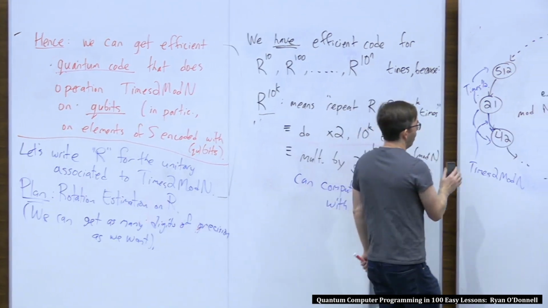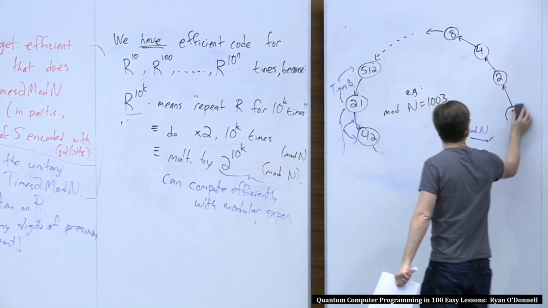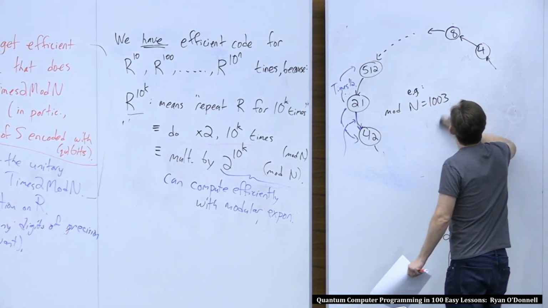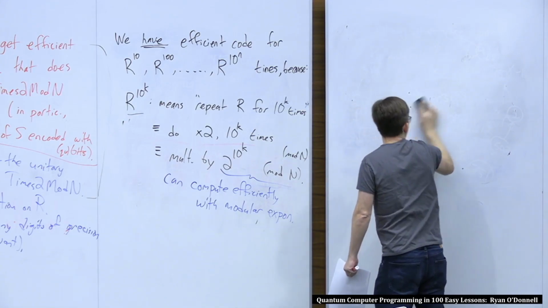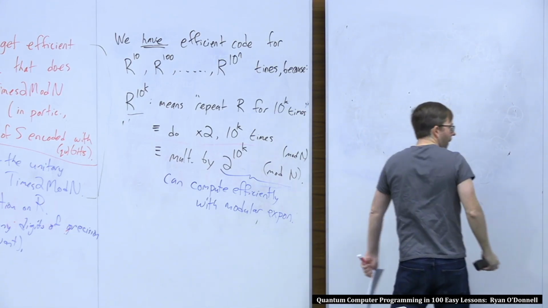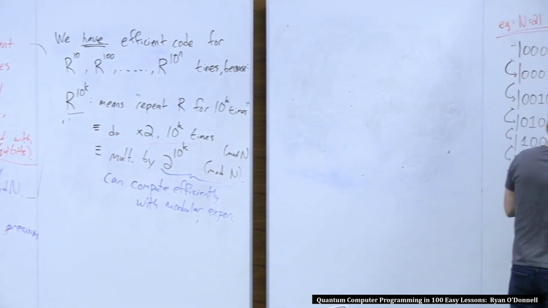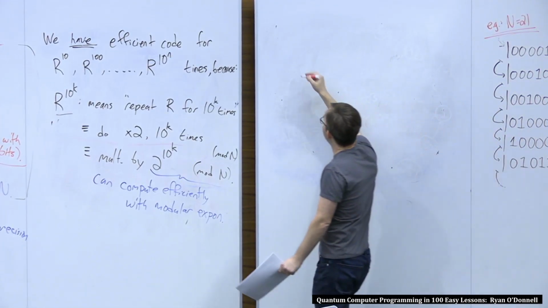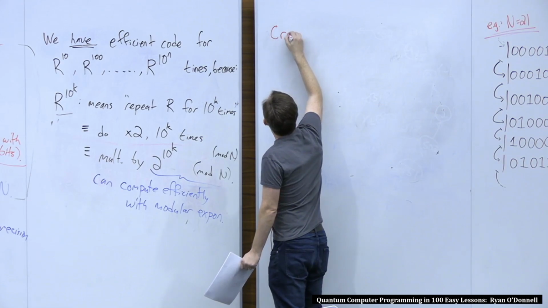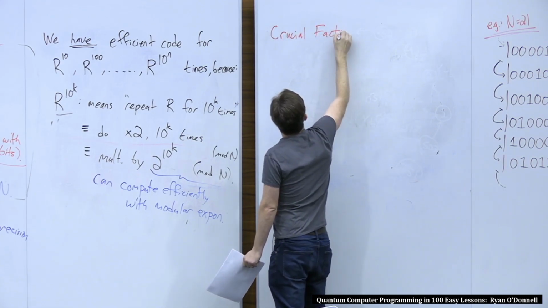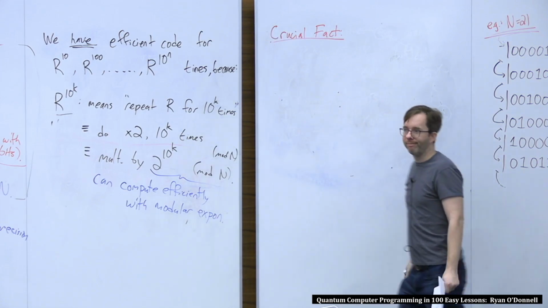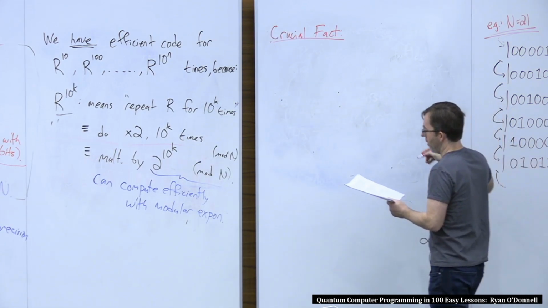Now we have to ask ourselves, why is this going to help? Well, let me now tell you what I'll call the crucial fact. And a lot of next lecture will be about proving this crucial fact. But I'll just state the crucial fact to you now.